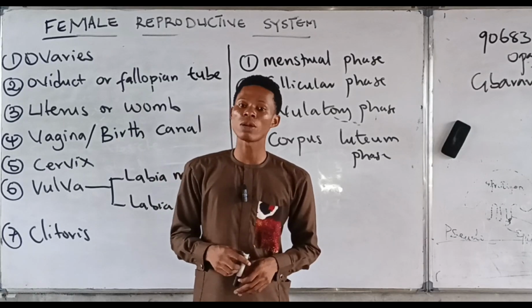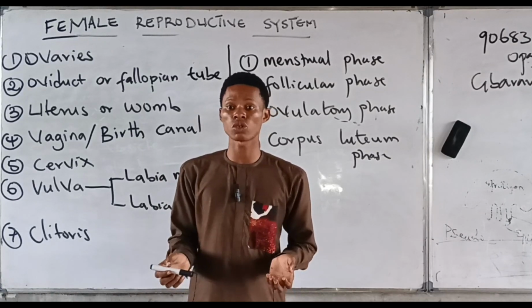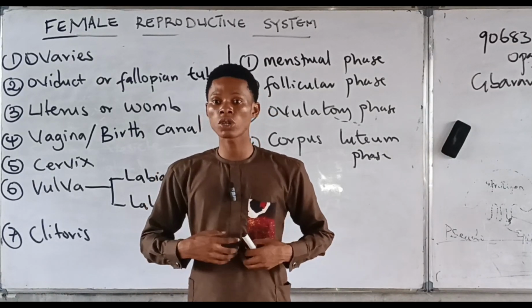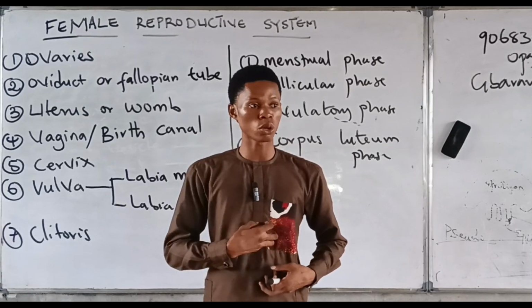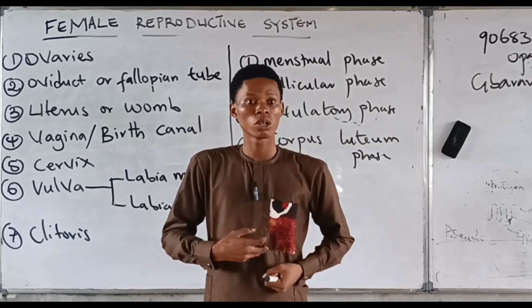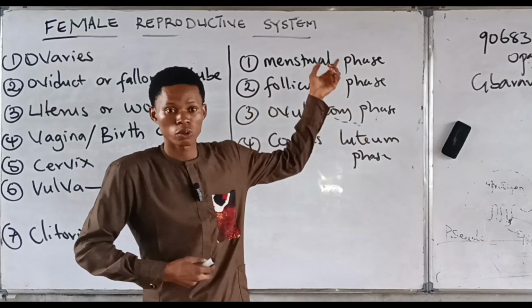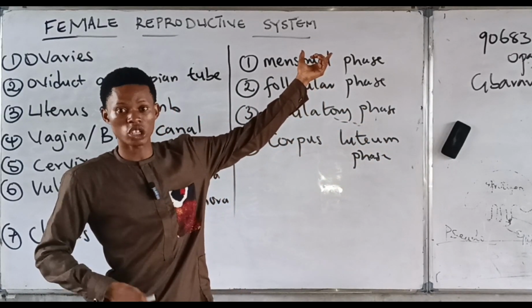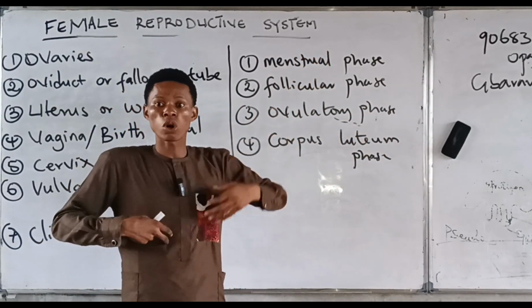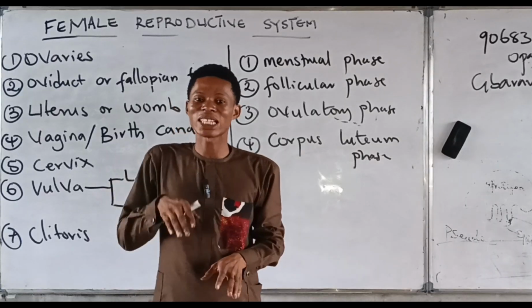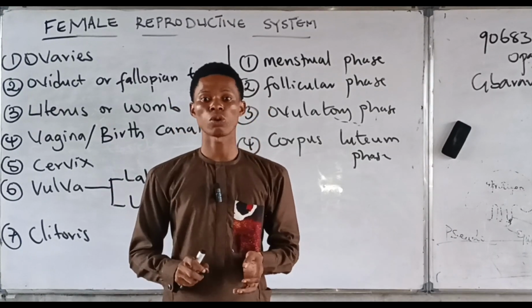But if there is no fertilization, the walls of the uterus will be shed as blood. That thickness of the womb will be shed as blood. That is the menstrual flow you see every month. Menstruation.